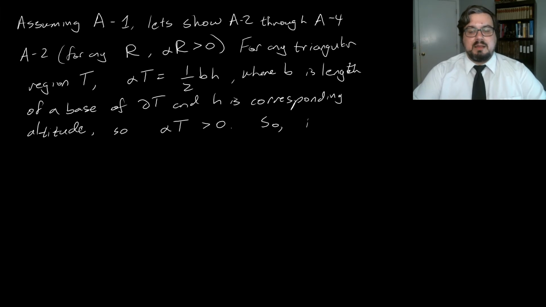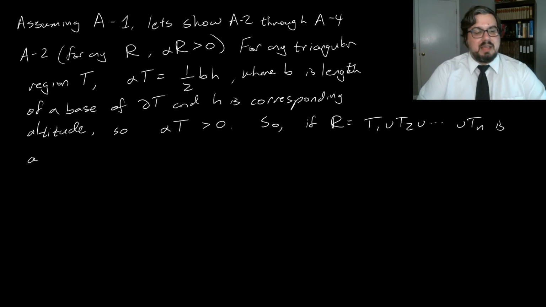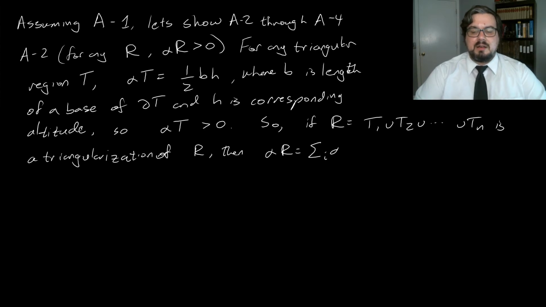So if T1 union T2 up through Tn is a triangularization of R, then the area of R is equal to the sum of the areas of the Ti's, but each of the areas of the Ti's is positive, and therefore the sum is positive. So the area of any polygonal region is positive.